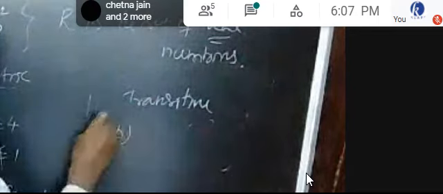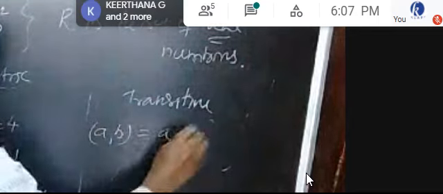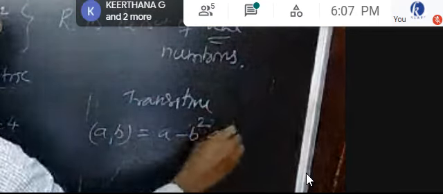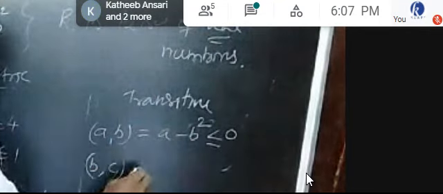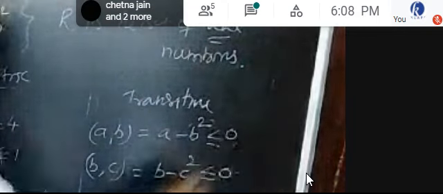Generally, take A comma B, equivalent to A minus B square is less than or equal to 0. B comma C is equal to B minus C square, which is less than or equal to 0.